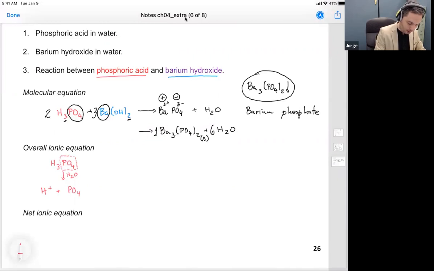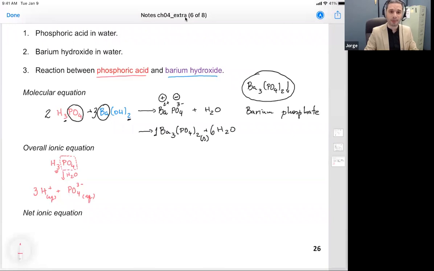The number of H+ produced is the number of hydrogens that we have in the formula. Therefore, 3+. See here that I have 3 positive charges. They need to be balanced by the PO4. Therefore, there is only one option to balance the 3 positive charges, and that's having 3 negative charges. Now that this compound is dissolved in water, we have to represent here (aq) and (aq).